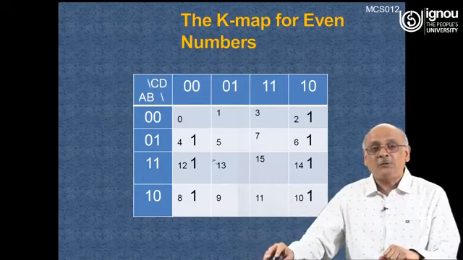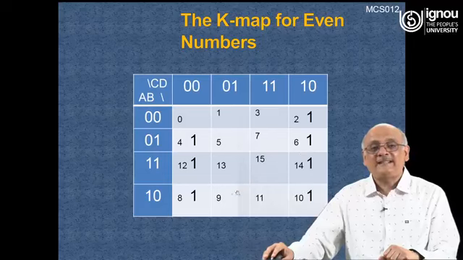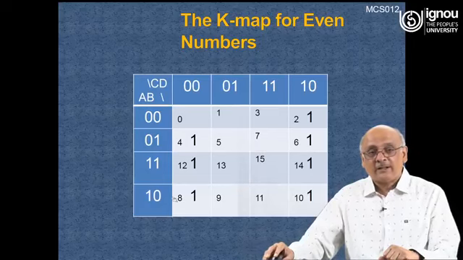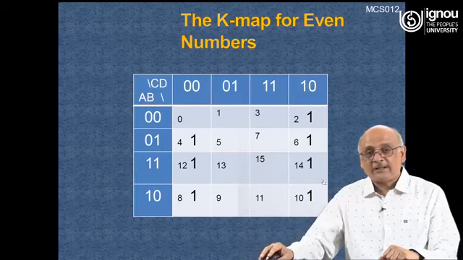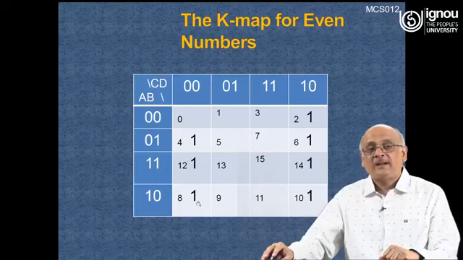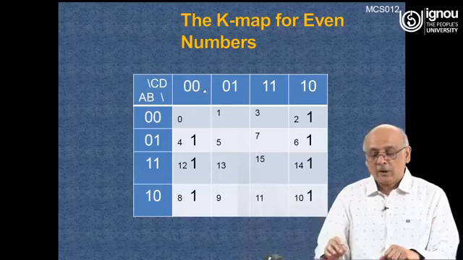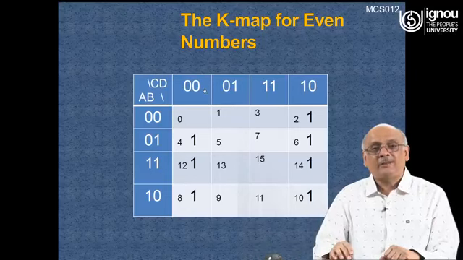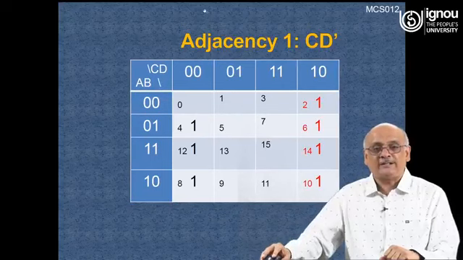In order to do that, we do adjacency checking, and adjacency checking can also be done across the last and first column, because, as we said, 1 0 and 0 0 are adjacent to each other in the sense that they differ in only 1 bit. So let's look into the adjacencies for these.